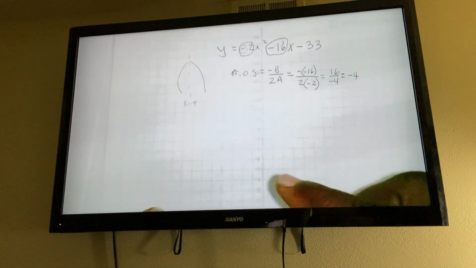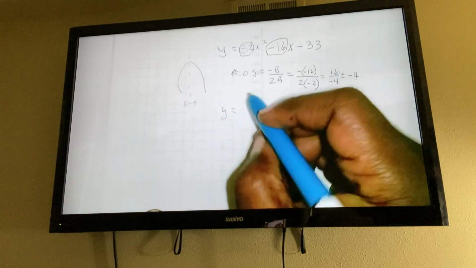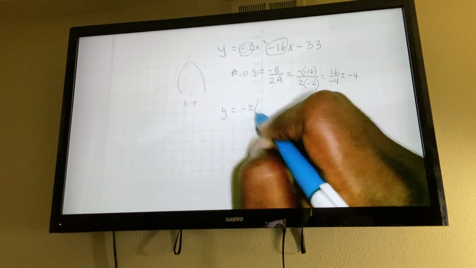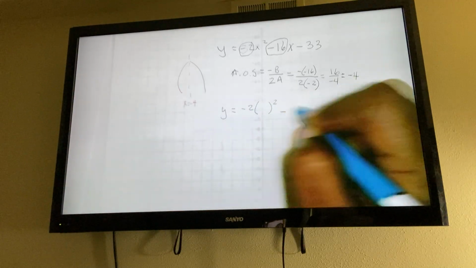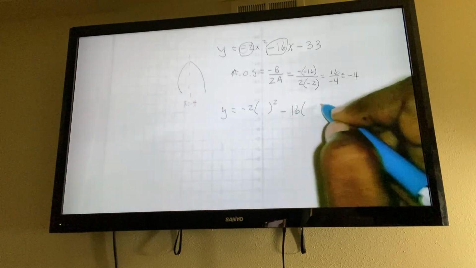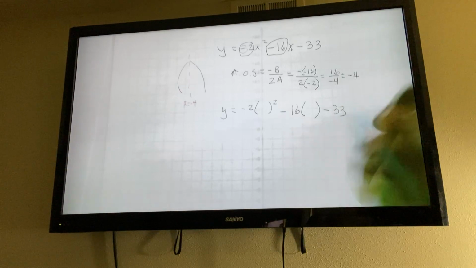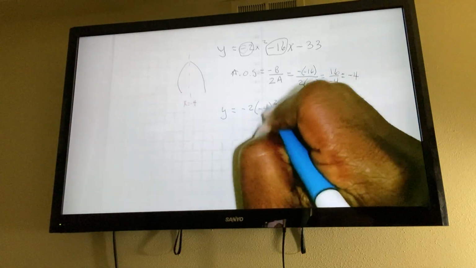So y equals negative 2, minus 16, we put parentheses wherever x is going to be, minus 33, because we said x equals negative 4.